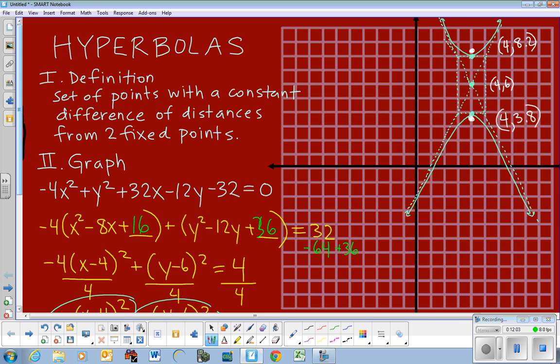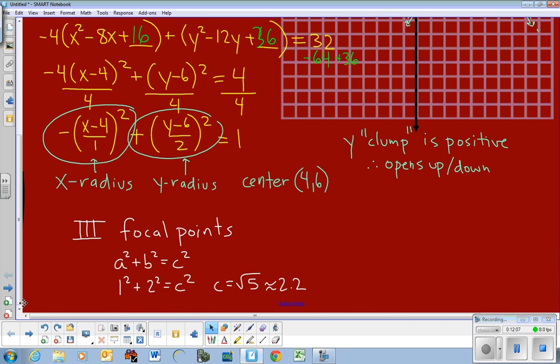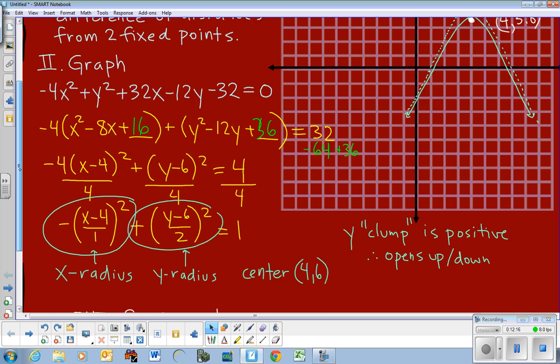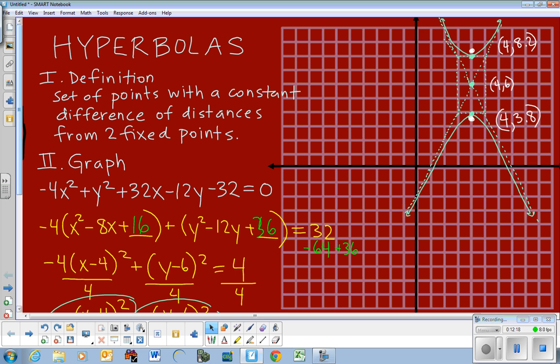All right, so that's kind of similar, but in an ellipse we would have subtracted right here. In a hyperbola we add. All right, if you end up with a focal radius that does not get your focal points inside the curves, then you probably subtracted when you should have added.